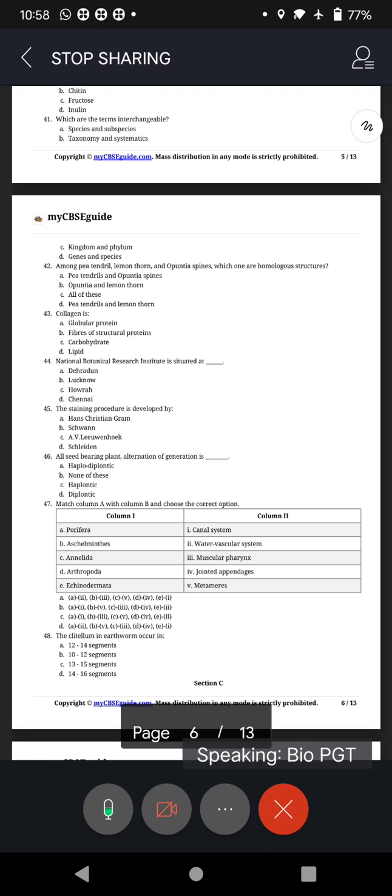One is sporophyte, wherein spores will dominate. Another is gametophyte, where gametes, male gamete, female gamete will dominate. So, is it haplodiplontic? C. Haplontic, D. Diplontic, and B, none of these, you can take it last. Now we go to 47.